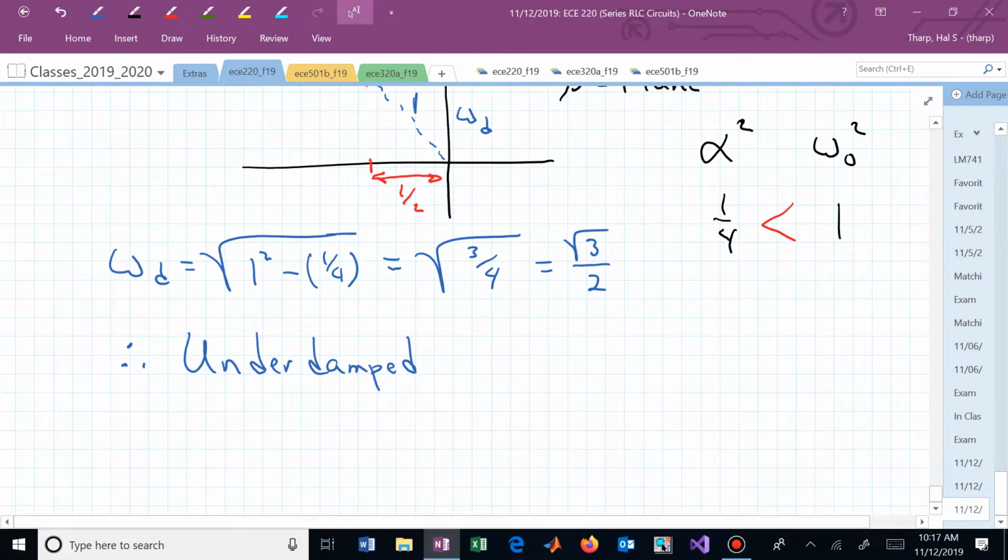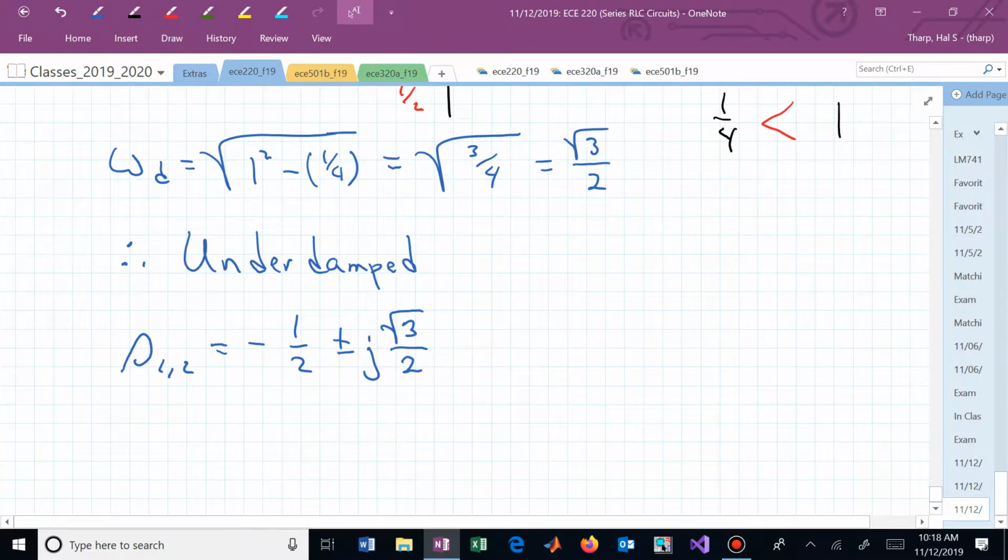What's the structure? Or where are our poles? It's minus 1/2 plus and minus j square root of 3 over 2. So now we know the structure would be b1 e to the minus 1/2 t cosine. What do we now do? How are we shaking? What's the frequency?